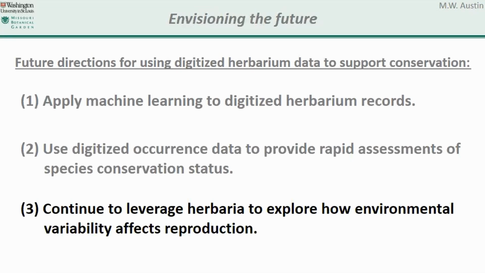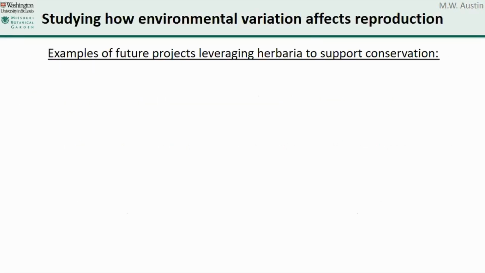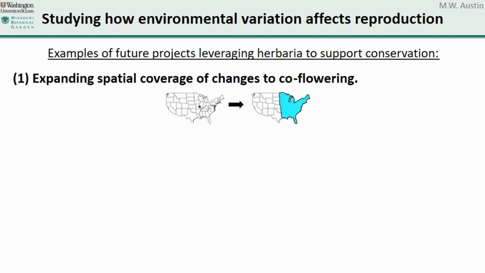Finally, I plan to continue using herbaria and digitized herbarium data in particular to continue exploring how environmental variability affects reproduction. And there are many ways that herbaria can be used towards these efforts, but examples of some future projects that I'm particularly interested in pursuing are first, expanding the spatial coverage of my exploration of how phenological changes have affected co-flowering overlap.